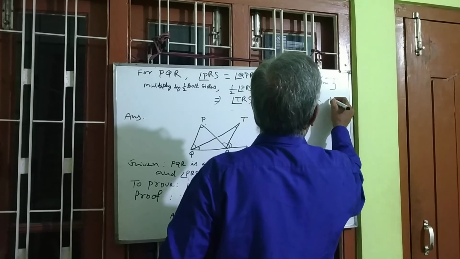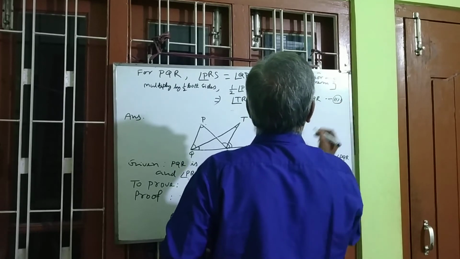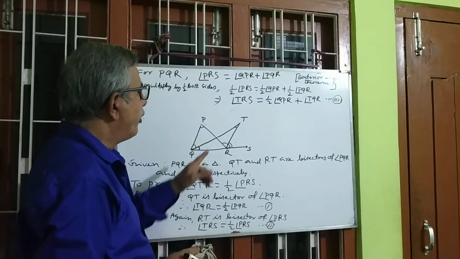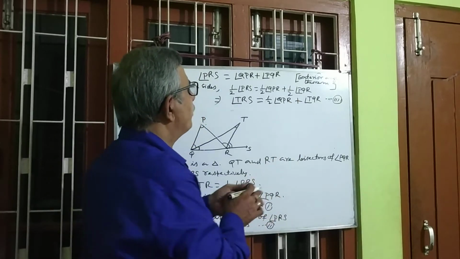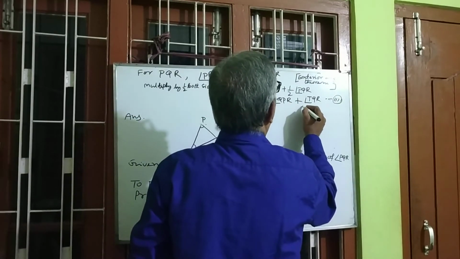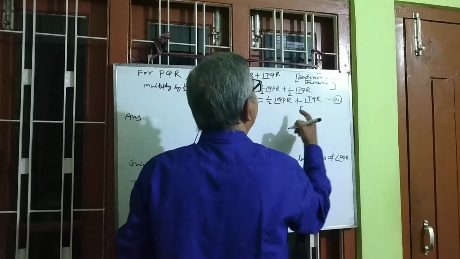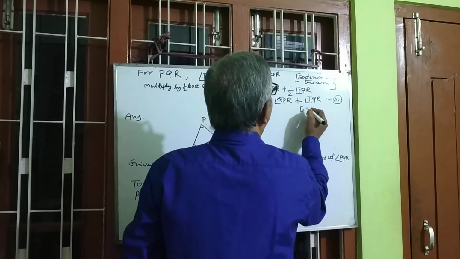Equation 3. One thing is there. The teacher may ask, from where you have changed this, so you can write: this is equation number 3. I have given the name, but the change has come from where?